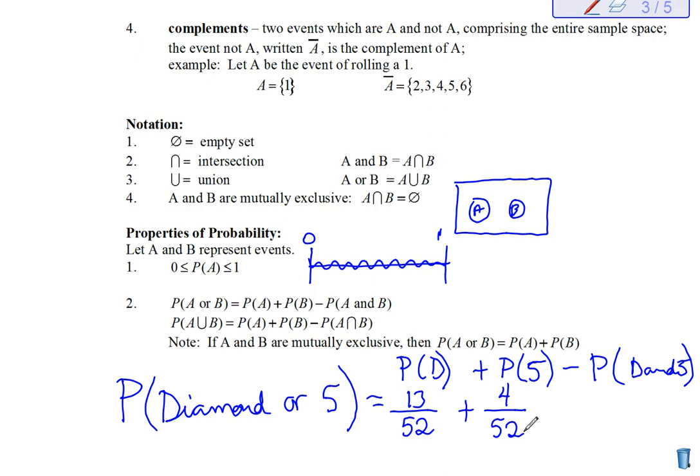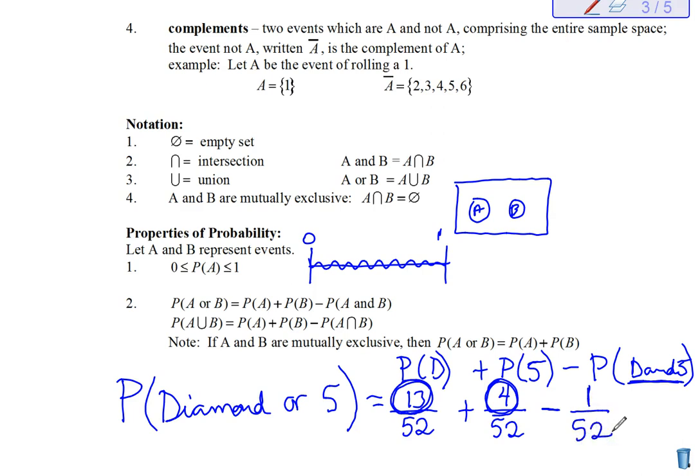There is a card that's been counted twice because it's a diamond and a 5. It got counted here and it got counted here. That's why one of those has to be subtracted. So we have to subtract the one that they have in common, and that's the 5 of diamonds because it got counted here and here. So when we subtract it, we're subtracting 1 out of 52.